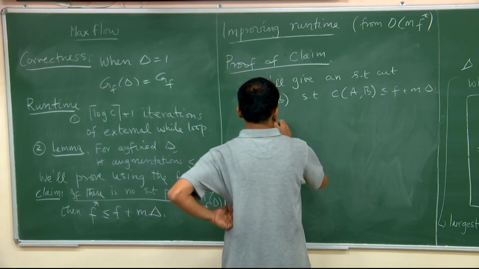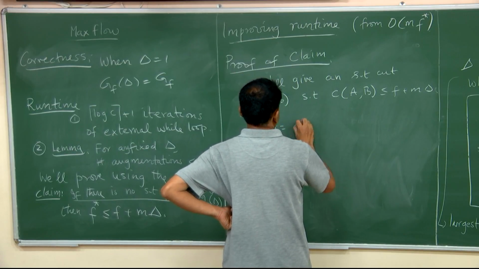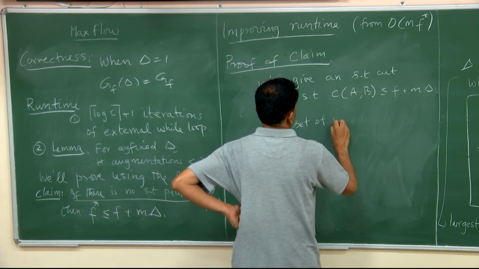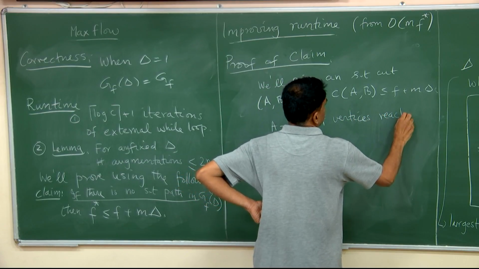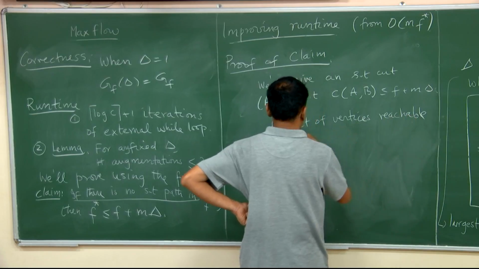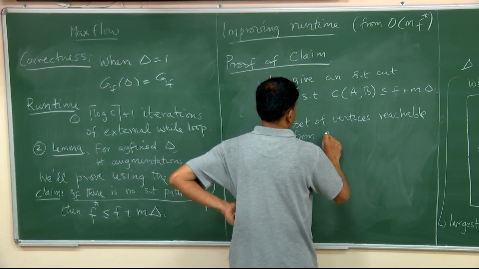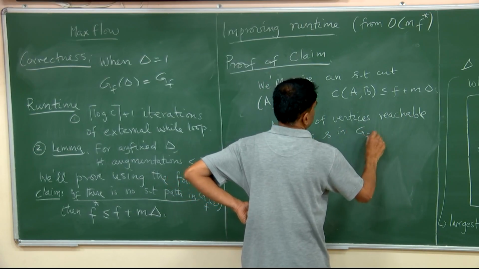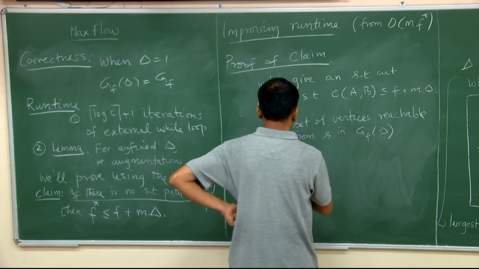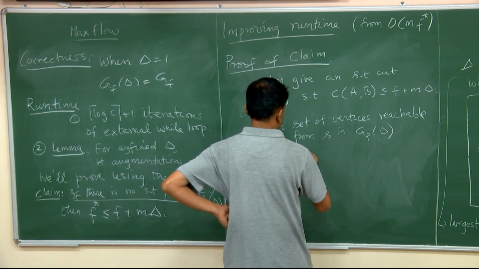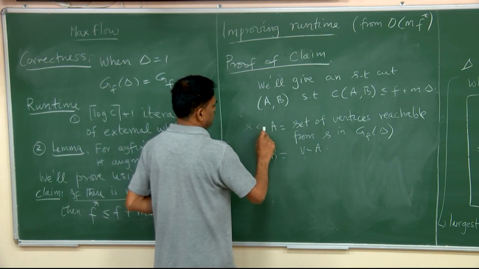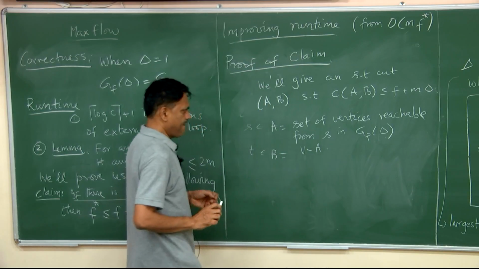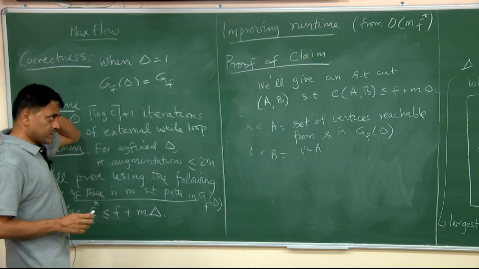So A would be the set of vertices reachable from S in GF delta, and B would be V minus A. So clearly S is here, T is here, because there is no ST path.